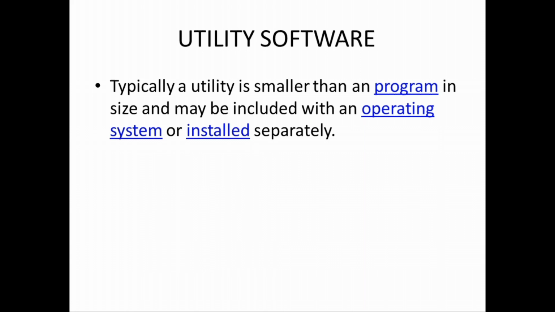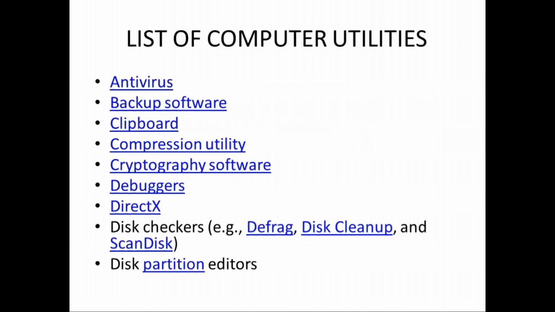So typically, a utility is smaller than a program in size and may be included with an operating system or installed separately. What we are saying is that utility software are usually smaller than a program in terms of size, and a utility may be included with the system. Like the antivirus that comes with your Windows, some of them come with it, and there are some that you will have to install separately, like Avast, Norton, Kaspersky, and the rest, that do not come with your system.